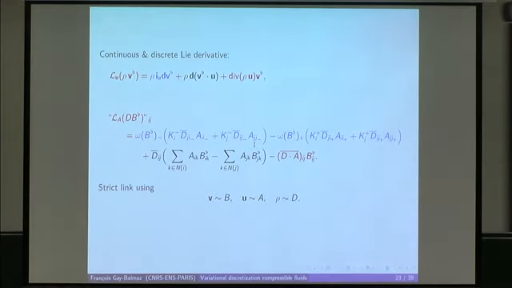So if I compare, for example, the continuum expression of the Lie derivative, this is the Lie derivative of a one-form density along a vector field U. It has three terms. This is one way of writing it, right? And you see that the discrete form really mimics the continuous one.